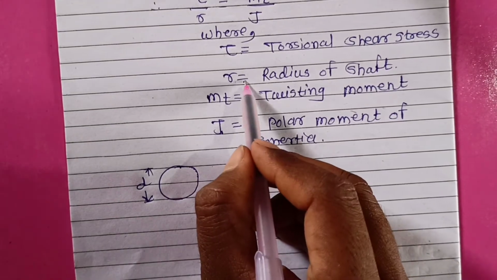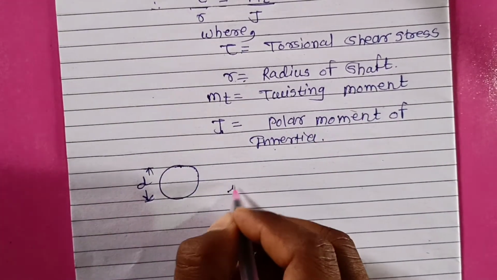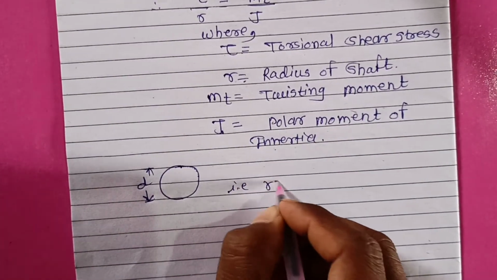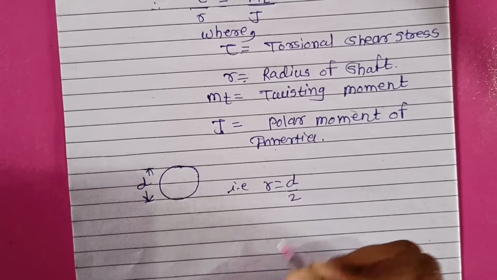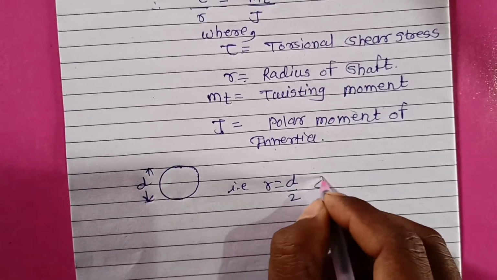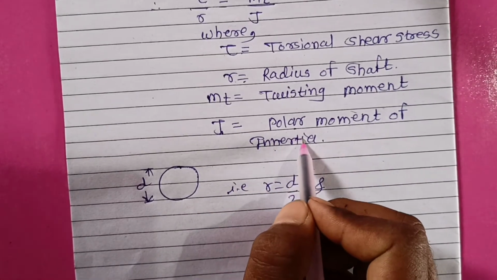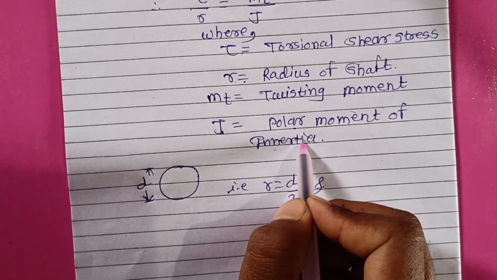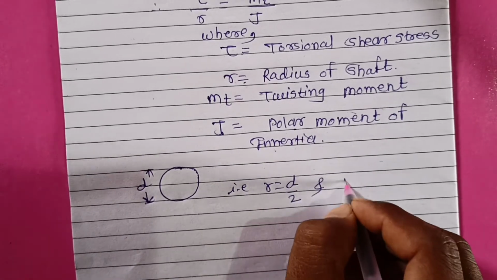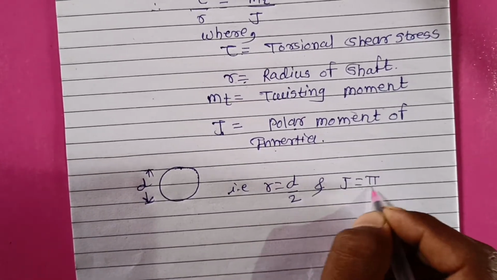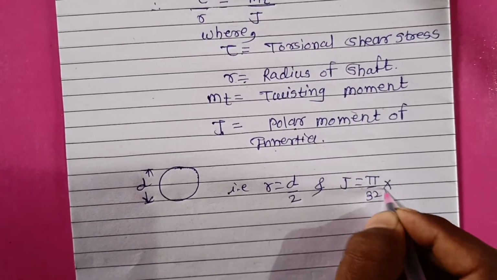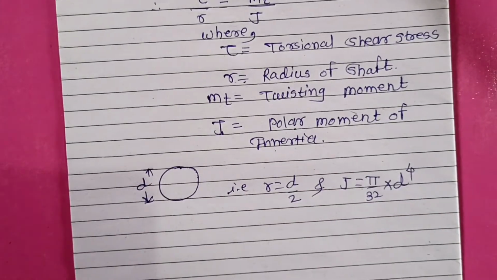Here r is the radius of the shaft, that is d by 2, and I know the formula of polar moment of inertia: J is equal to pi by 32 into d raised to 4.